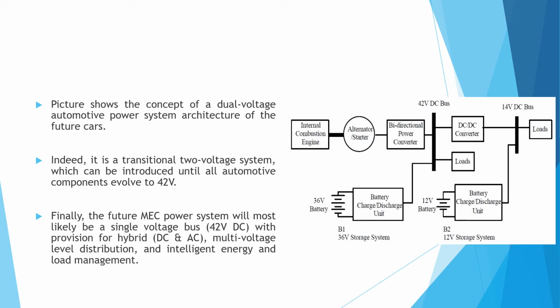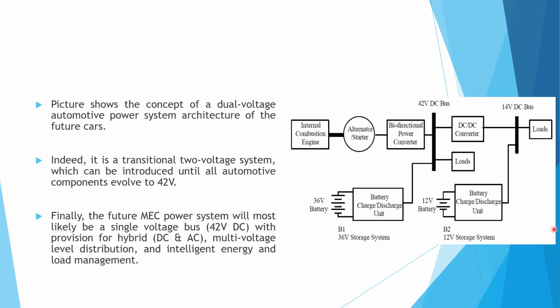Finally, the future power system will most likely be a single voltage bus, that is 42 volt DC, with the provision for hybrid, that is maybe DC or AC, multi voltage level distribution, and intelligent energy and load management.